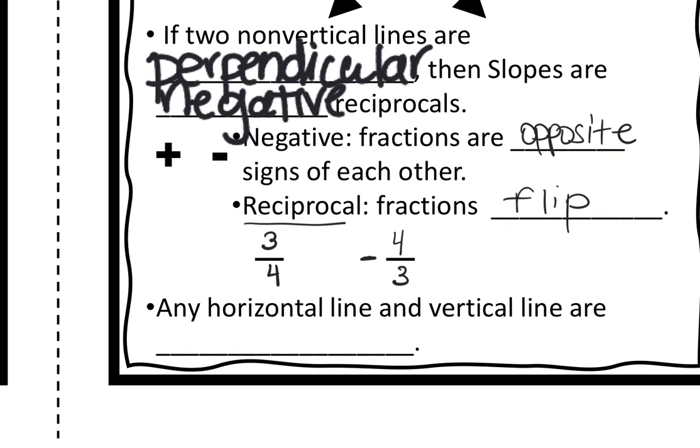So in perpendicular lines, your slopes look different. They should not be the same, but they need to be negative reciprocals. They have to follow these two guidelines: opposite signs and the fractions should be flipped. Let's fill in the last part. Any horizontal line and vertical line are perpendicular.